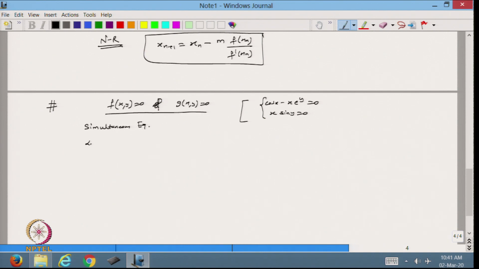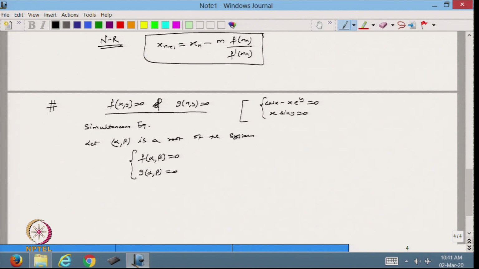So, let alpha and beta be a root of the system. So, I have the system, and in that case f(alpha, beta) is equal to 0 and g(alpha, beta) is equal to 0.